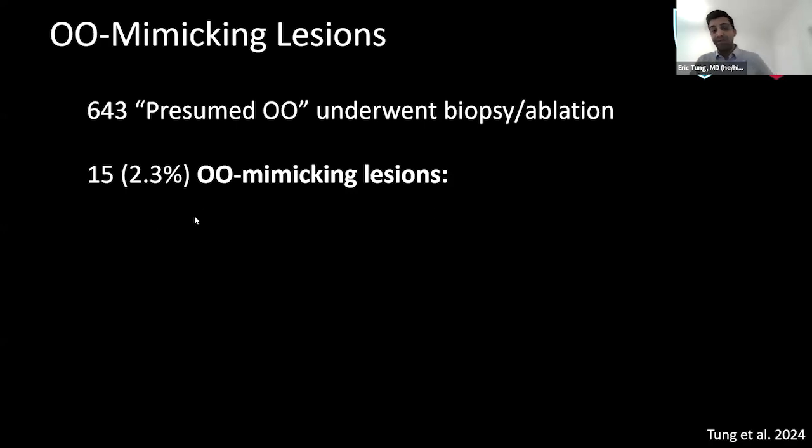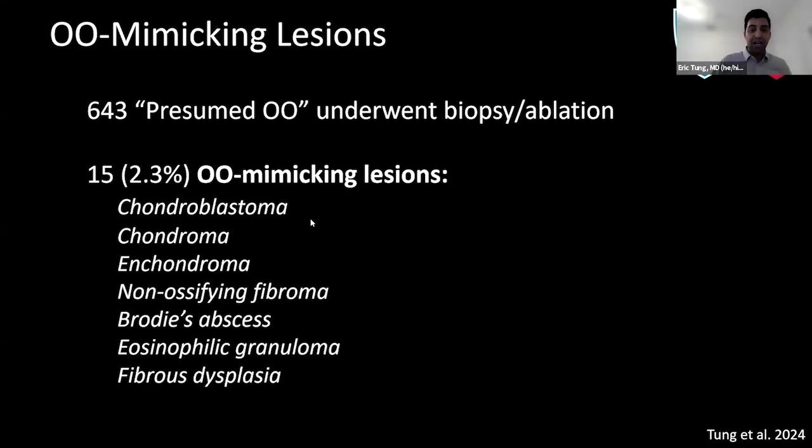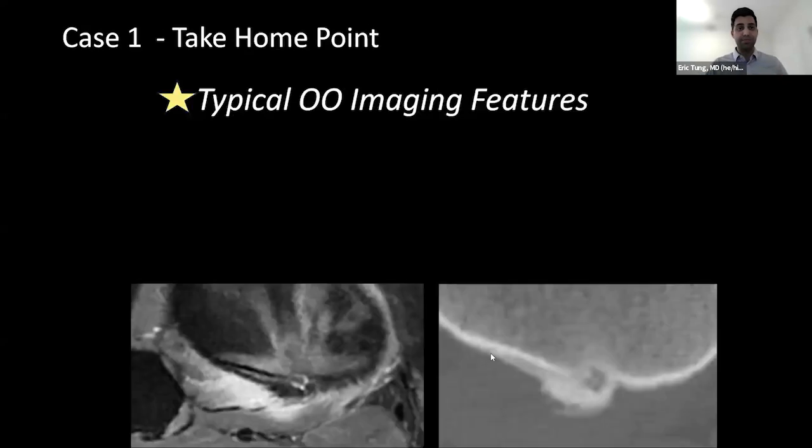Only 2.3% were actually mimicking lesions. These were some of the lesions, but there was one case of an unspecified carcinoma. It was in a 30-year-old gentleman over decades ago, but was quite surprising. So I advocate for those doing ablation of these to take a small sample right beforehand. It's pretty quick and really can help identify some of these mimicking lesions.